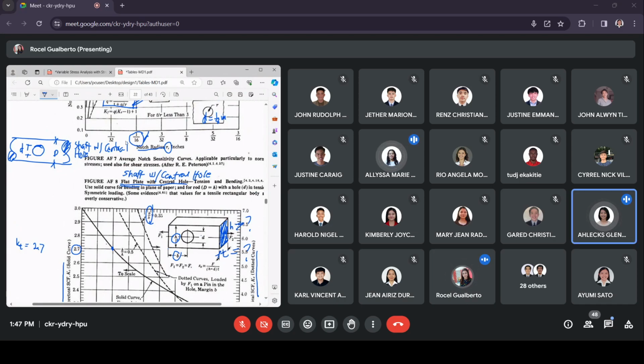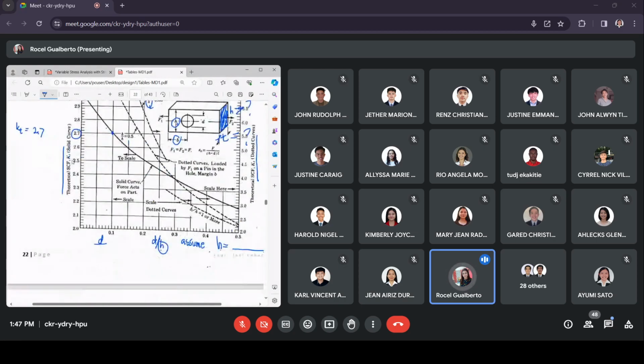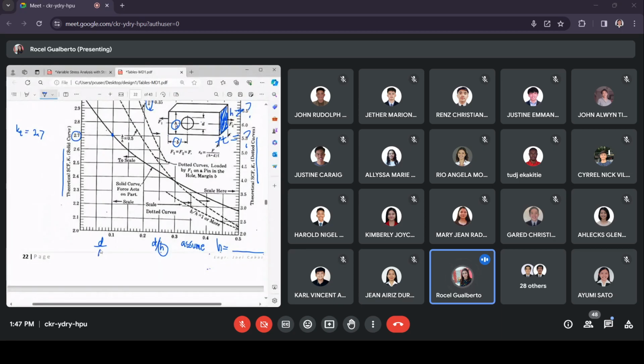It would be the diameter of the shaft. So this D over H would be converted to d over D. Big letter D defines the diameter of the shaft, and the small letter d is the diameter of the hole.